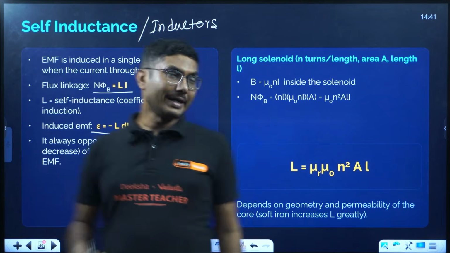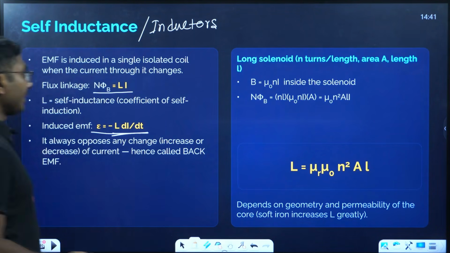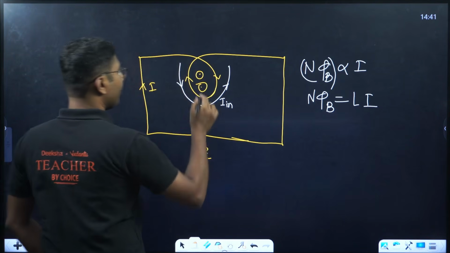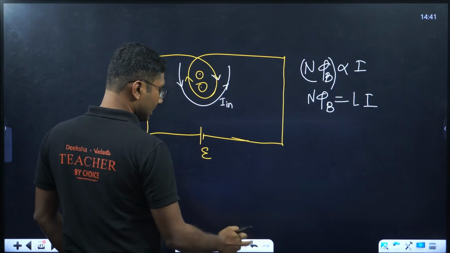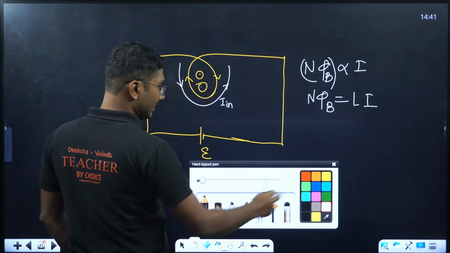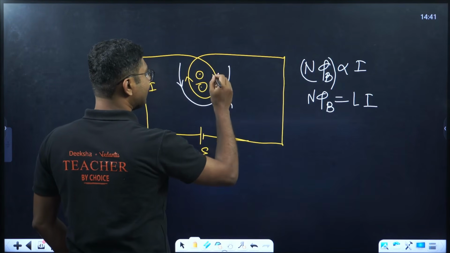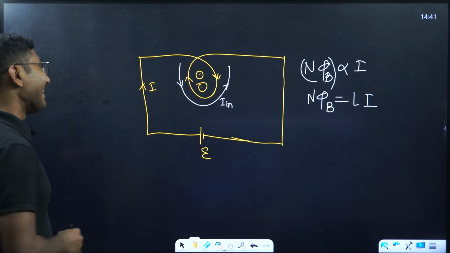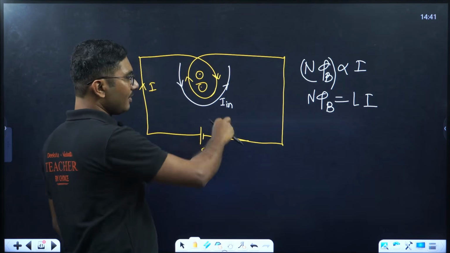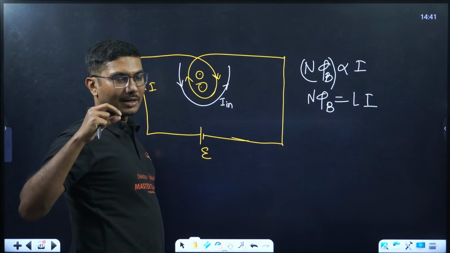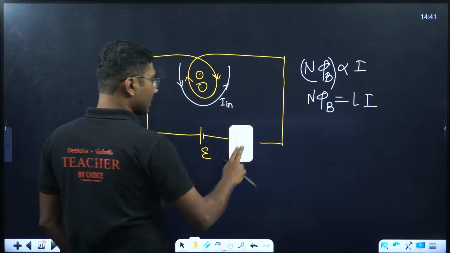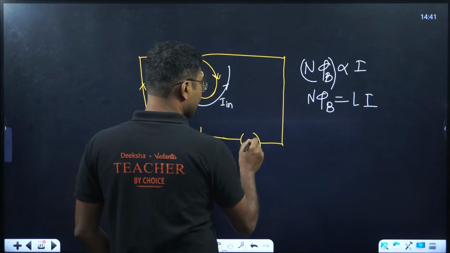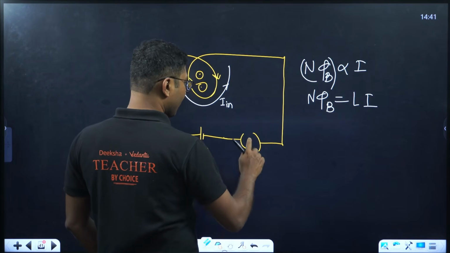So if the current is increasing, then the induced EMF is in the opposite direction. If the current is decreasing, I have removed the key from the circuit. There was a key over here, and that key I have removed. Initially the key was there, but I have removed this key.